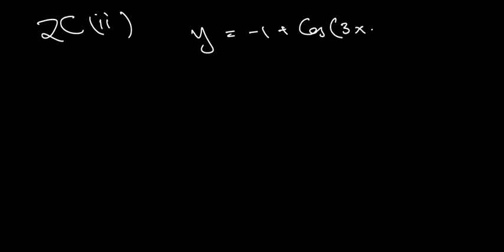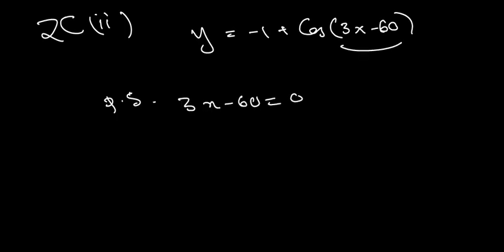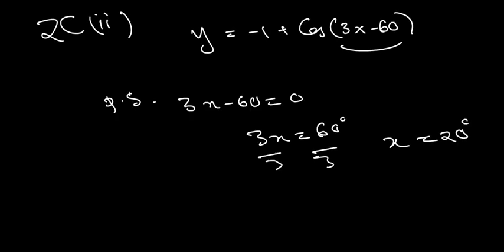cos 3x then minus 60. This here is going to give us the phase shift. So 3x is equal to that guy divided by 3, meaning the phase shift is just going to give us a 20, right?